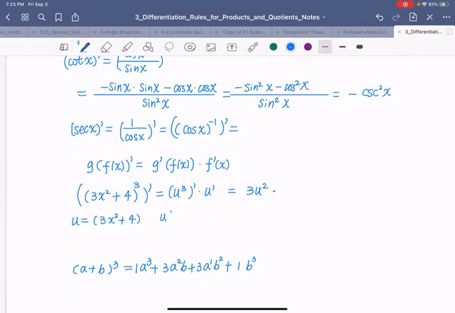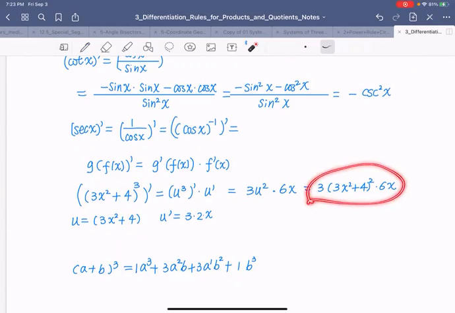U prime is who? U prime is this guy's derivative. How much is that? 6x. Very good. So times 6x. Your original function does not have u, so you put u back. Does this make sense now? Okay. This is called the chain rule.